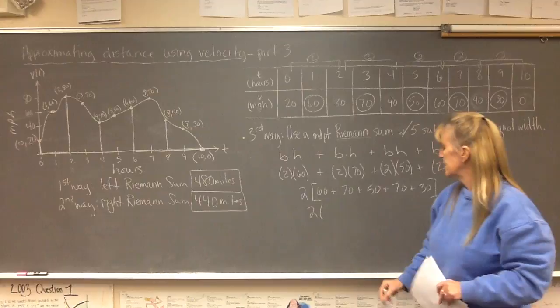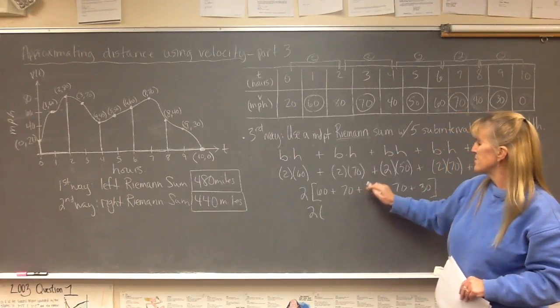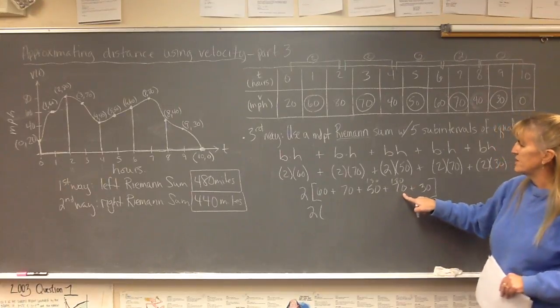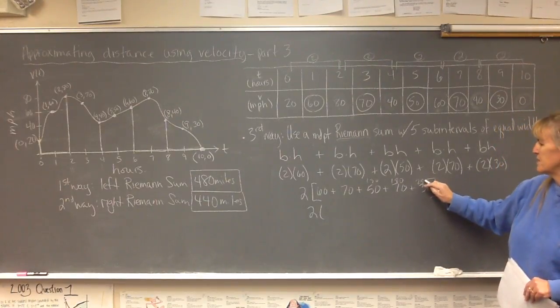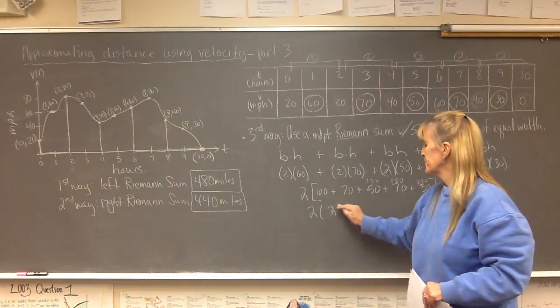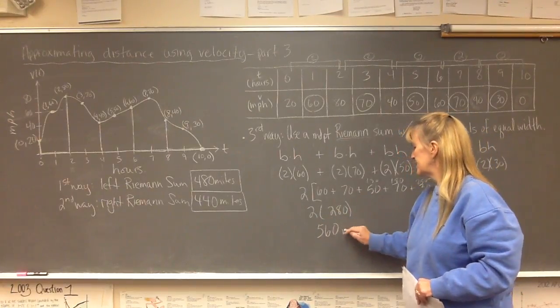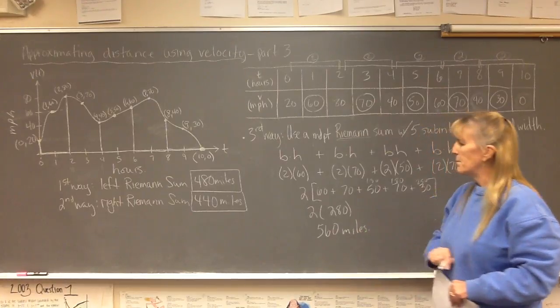Let's see, what's this give me? 60 and 70 is 130, 130 and 50 is 180. 180 and 70 is 250, and 250 and 30 is 280. And then 2 times 280 is 560 miles.